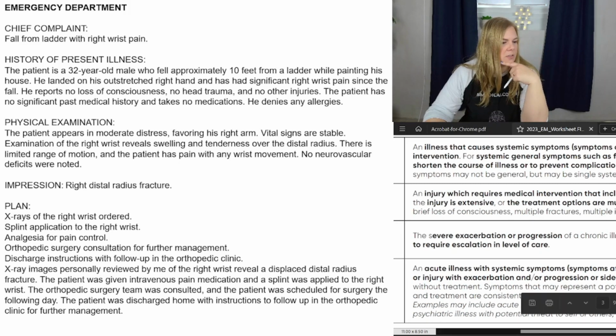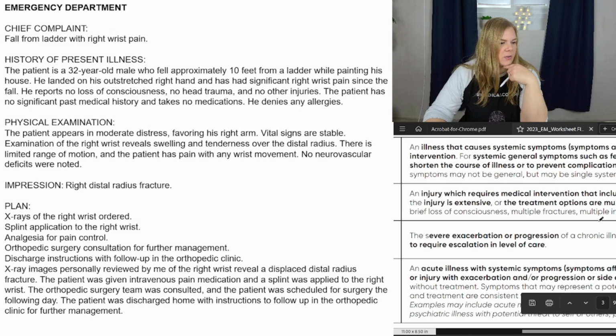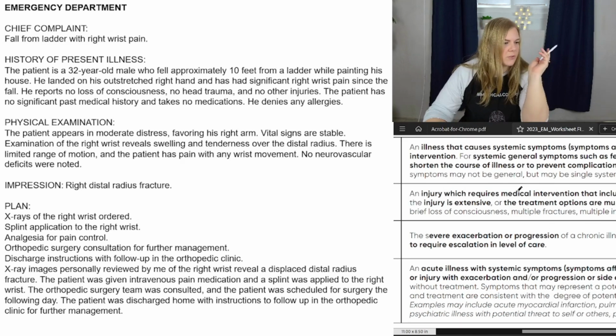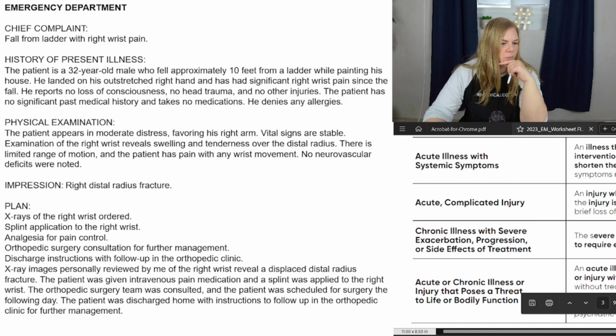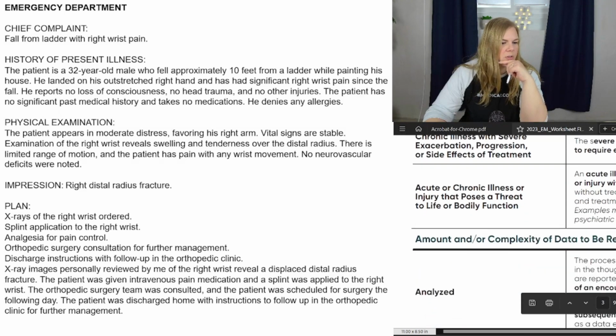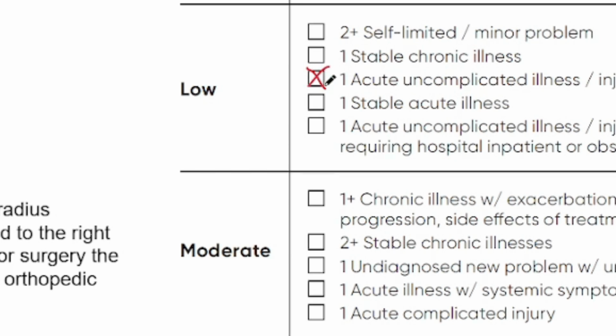But in order for it to be considered an injury that's complicated, they're saying it would have to be multiple injuries, multiple fractures, it would have to be extensive. And to me, this fracture does not seem to be quite extensive. This seems to be a pretty straightforward fracture. So I would say this is more the acute, uncomplicated illness or injury.